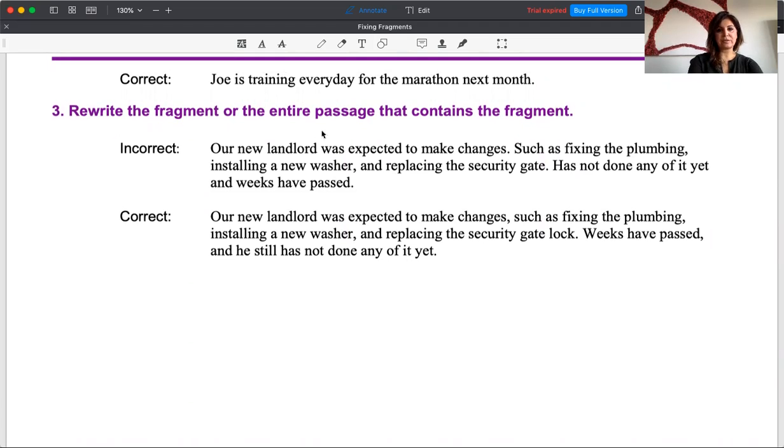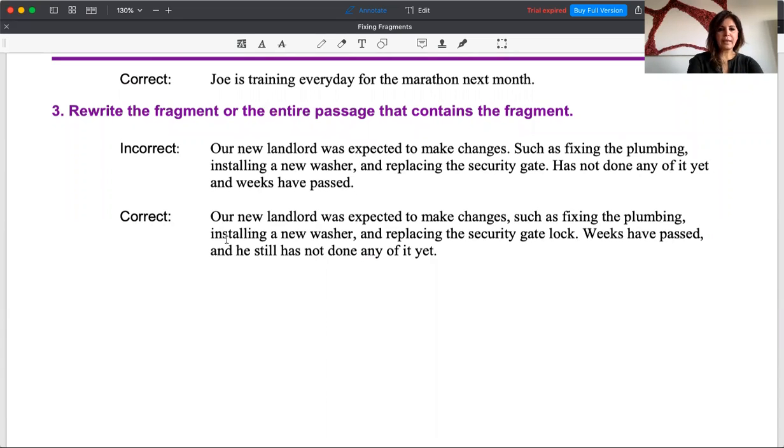The third way is to rewrite the fragment and the entire passage that contains the fragment by reading, editing, and correcting sentences. For example, if I say, our new landlord was expected to make changes such as fixing the plumbing, installing a new washer, and replacing the security guard, period, has not done any of this, and weeks have passed.